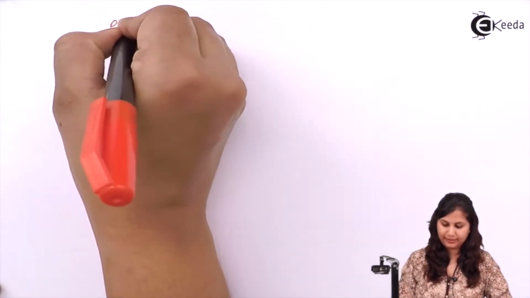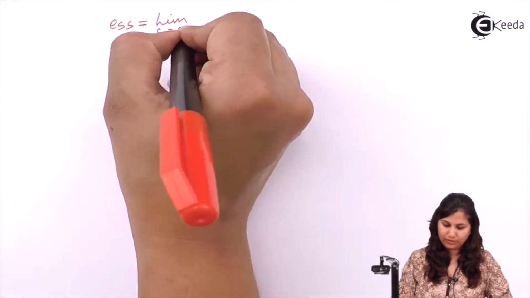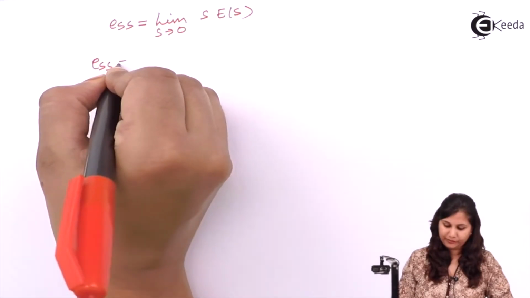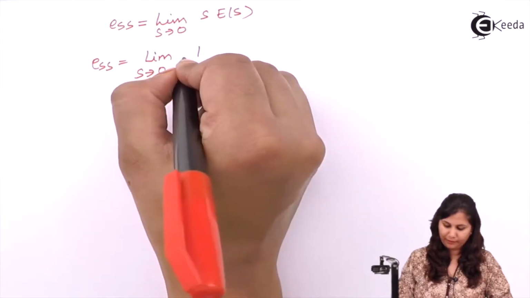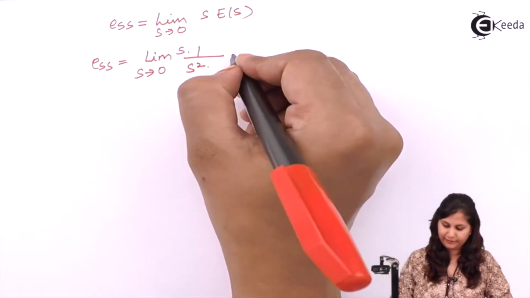So the steady state error, that is ESS, equals limit s tends to 0 of sE(s). Put here the value of E(s). We have 1 upon s square, this is s, so s we will write here.